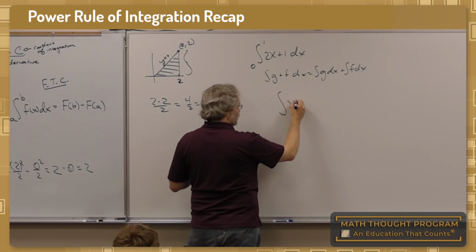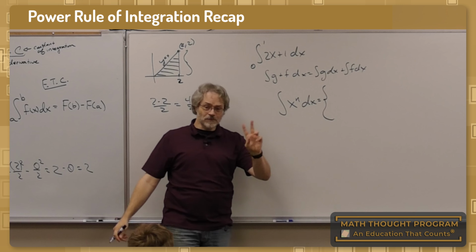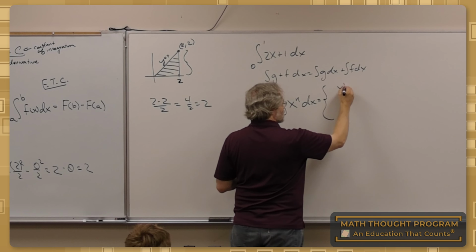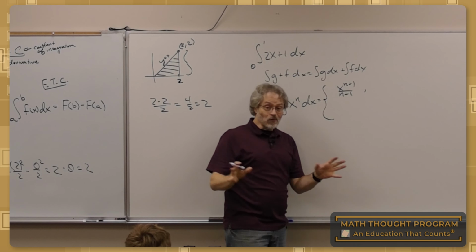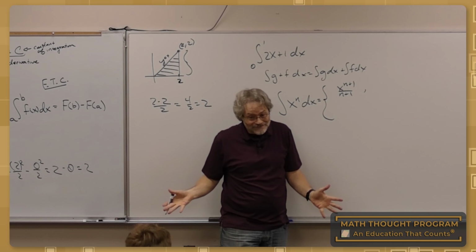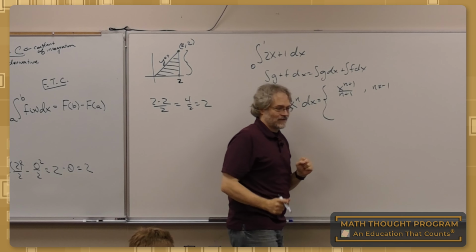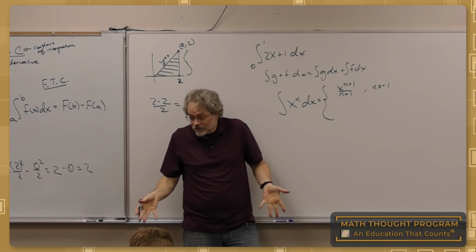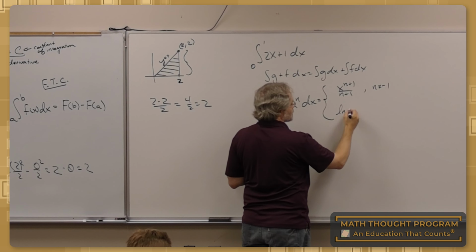And the power rule of integration, as you might recall, has two pieces to it. The first piece is, we say x to the power of n plus 1 divided by n plus 1, only when n is not -1. In the event when n does equal -1, you're going to get the natural log of x.